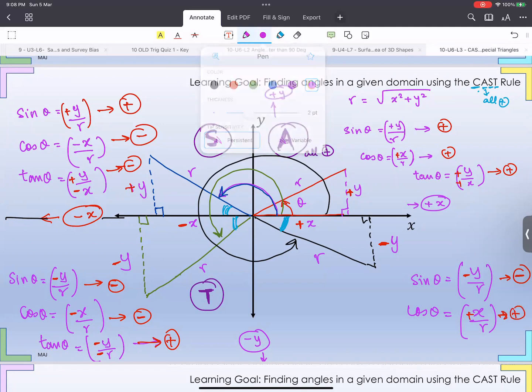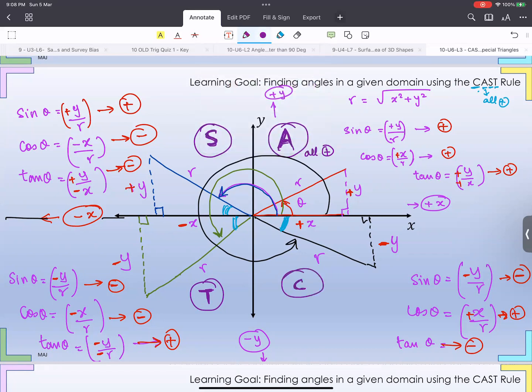Tan theta is opposite over adjacent. That is negative y over positive x, and that's going to be negative, okay? Right, so only cos is positive, and so that is C.